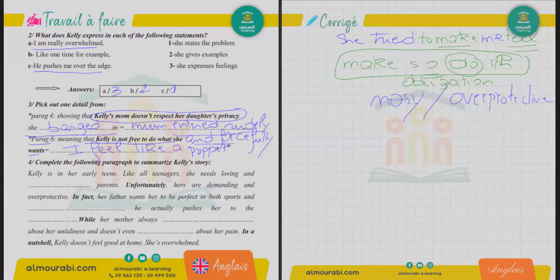Let's make a summary of the main idea, or of Kelly's story. Let's summarize. Who will read and try to find missing words on their own? Anyone to try to read? Kelly is in her early teens, like all teenagers.